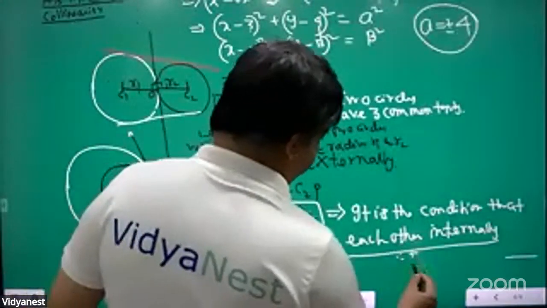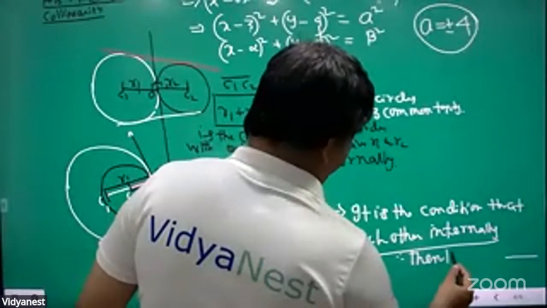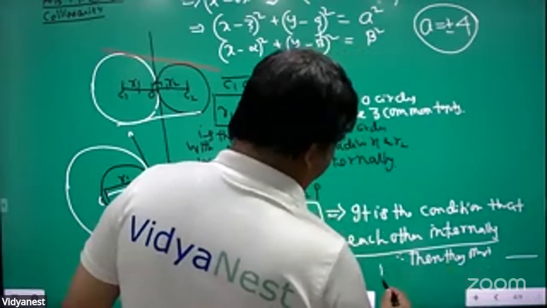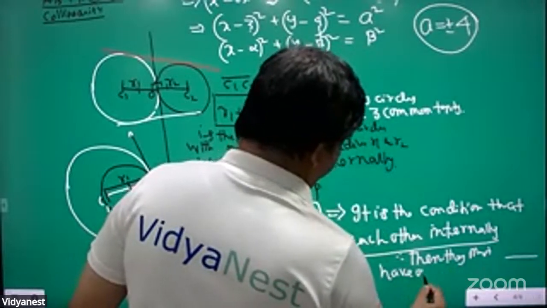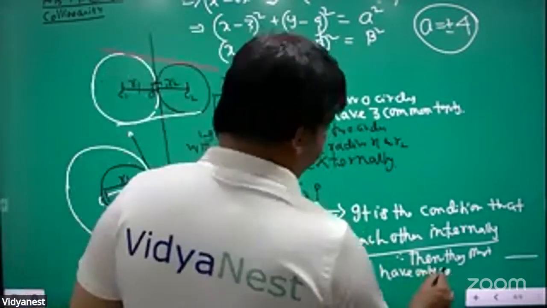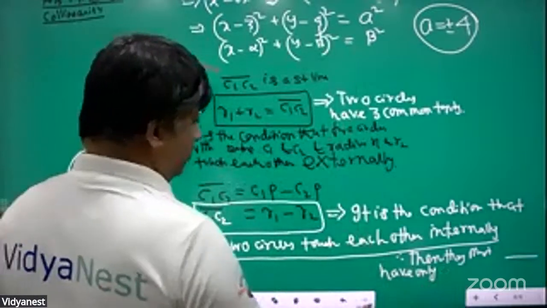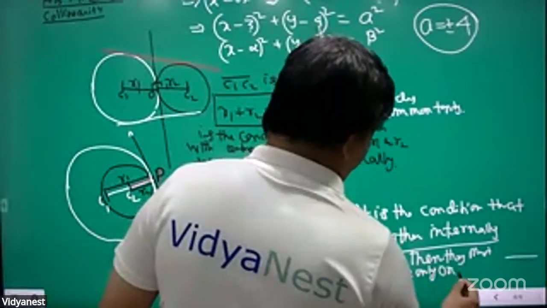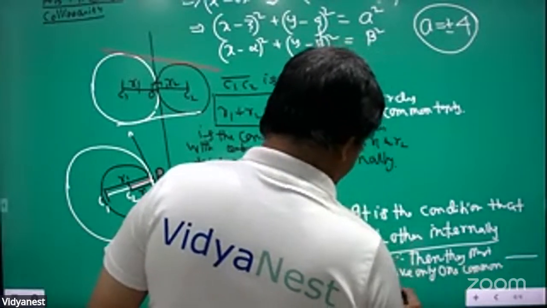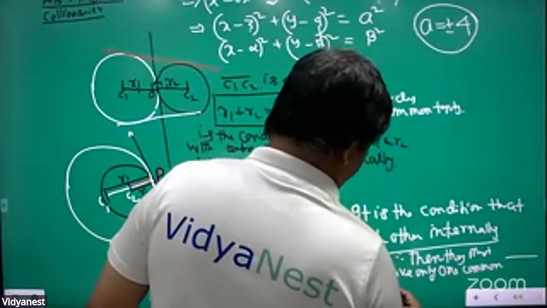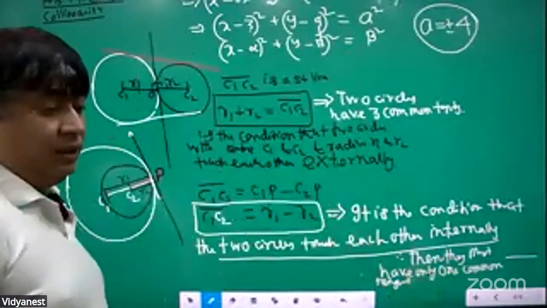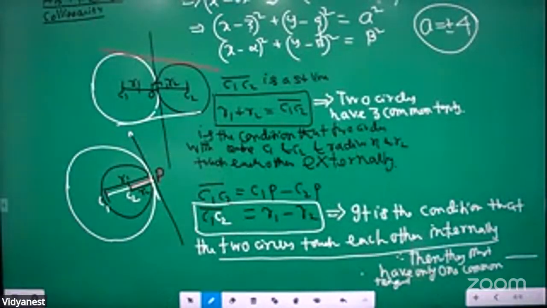So then they must have only one common tangent if they touch each other internally.